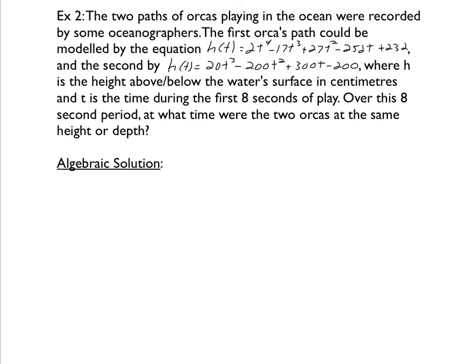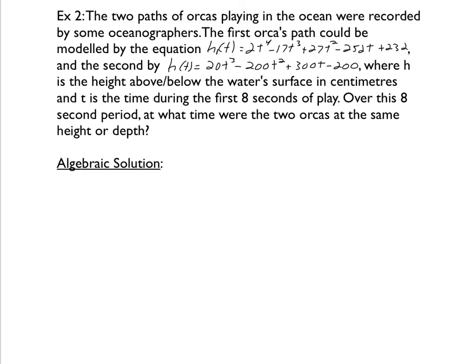Okay, so let's look at our second example. The 2 paths of orcas playing in the ocean were recorded by some more oceanographers. The first orca's path could be modeled by the equation, let's call this h1(t), is equal to 2t to the power of 4 minus 17t cubed plus 27t squared minus 252t plus 232.